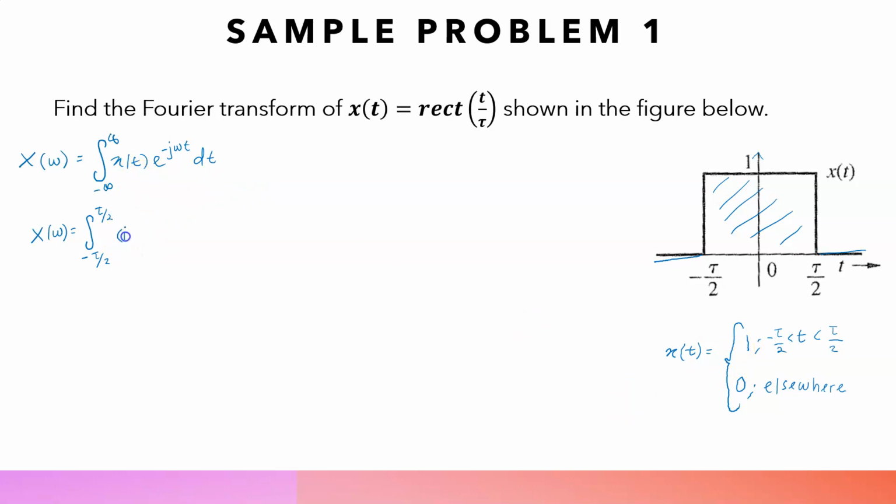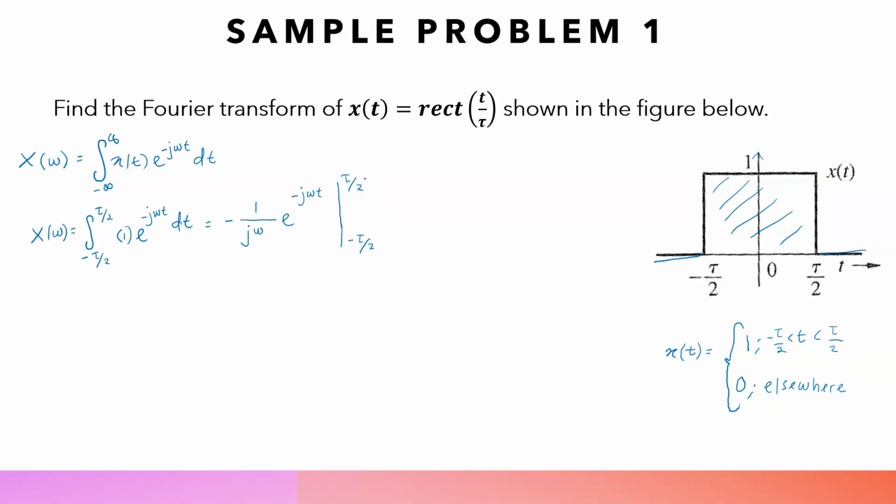So you have 1 times e to the minus j omega t dt. If I integrate this, 1 is just a constant, so I will get minus 1 over j omega e to the minus j omega t. The limit is minus tau over 2 to tau over 2.